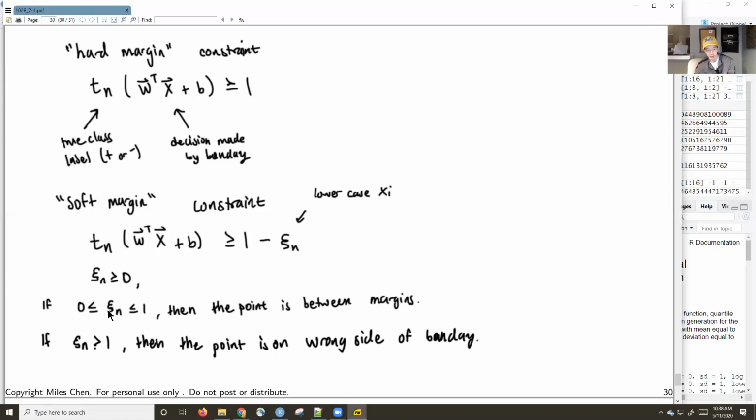If xi is between 0 and 1, then that's going to allow for points that are inside the margin. And if xi is greater than 1 itself, then let's think about what that means. If xi is between 0 and 1, we're going to just say that Tn times your boundary has to be greater than or equal to some number between 0 and 1.